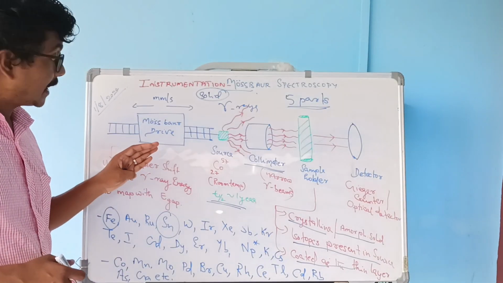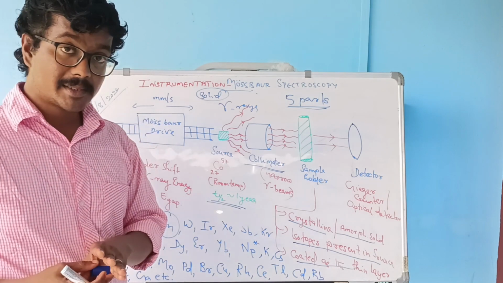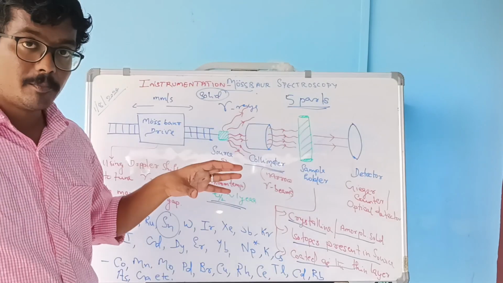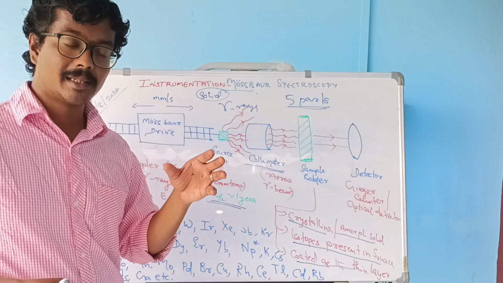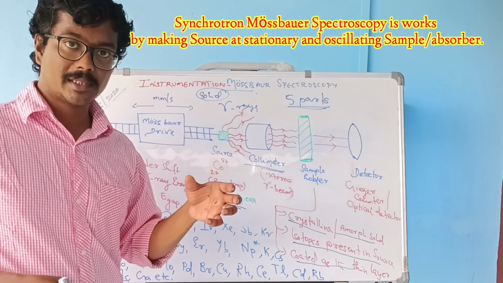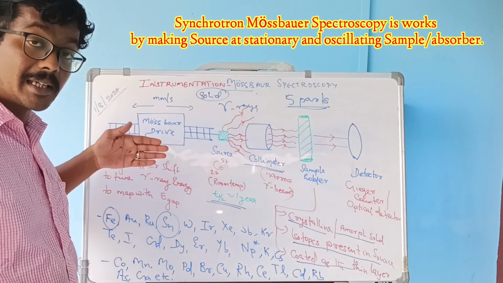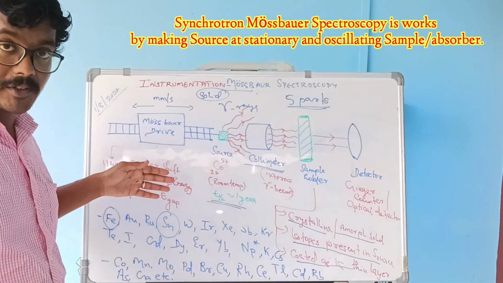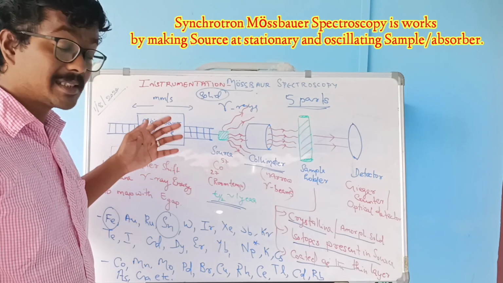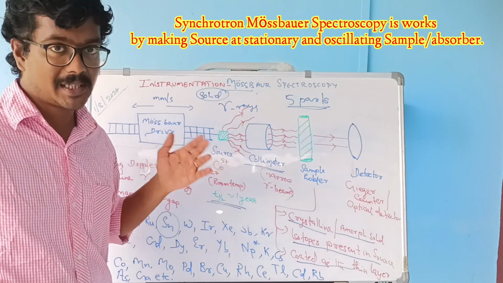So let me repeat again, the instrument consists of 5 parts. The first one is the MOSFET drive. The MOSFET drive adjusts the movement of the source depending on the Doppler effect, in order to tune the energy of the gamma radiation.